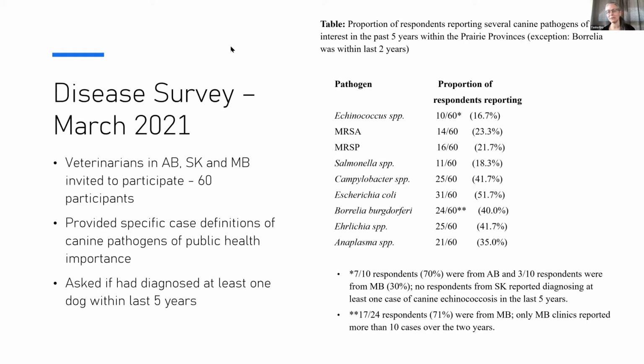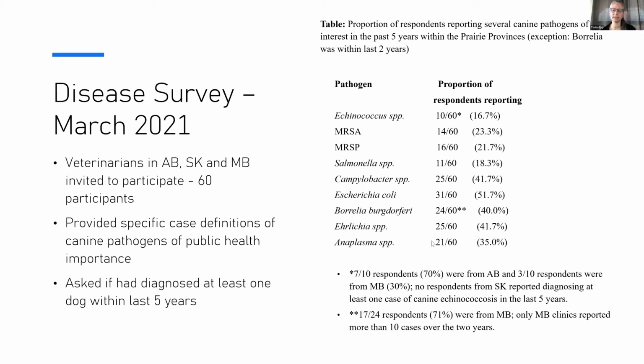But a surprise to me was the 2 on the bottom, Ehrlichia and Anaplasma. I was quite surprised at the number of clinics that were reporting these pathogens. I might have expected a few, but I wasn't expecting nearly the same number as were diagnosing Lyme pathogens. So that was quite interesting.